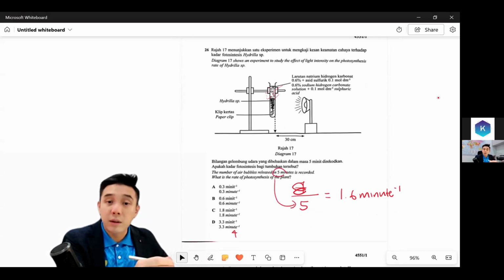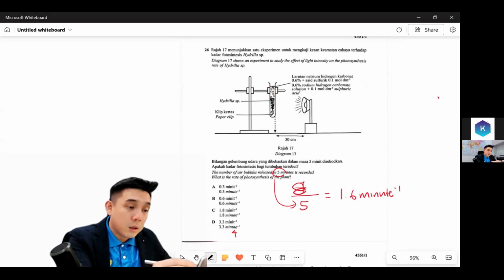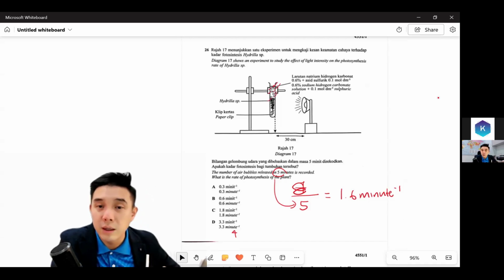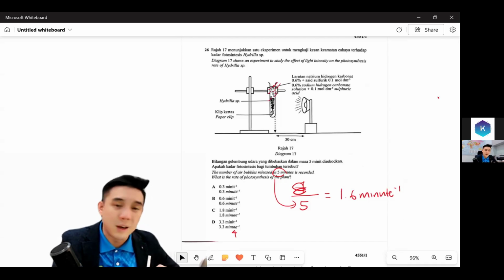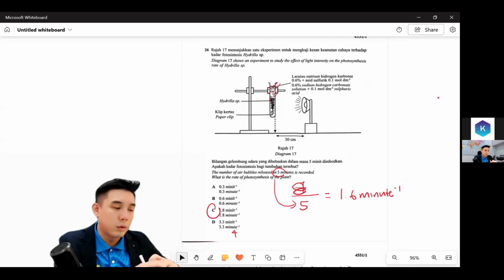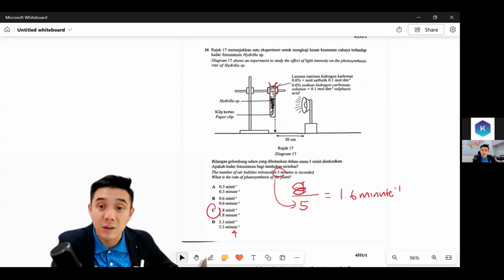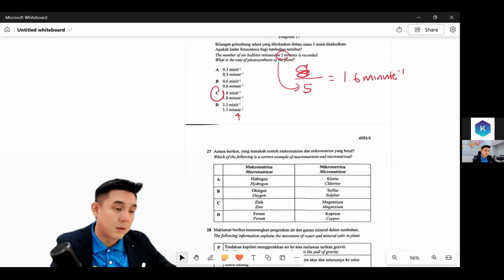Let me just count this a third time. 1, 2, 3, 4, 5, 6, 7, 8. 8 bubbles. So the closest one to select is, I guess, C, because C is 1.8, though it's supposed to be 1.6.